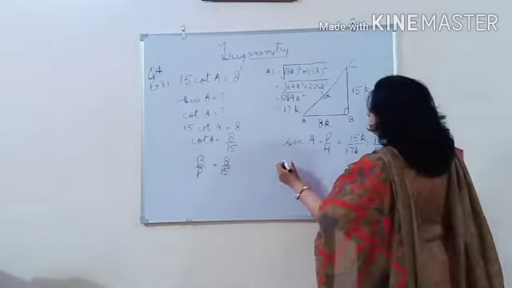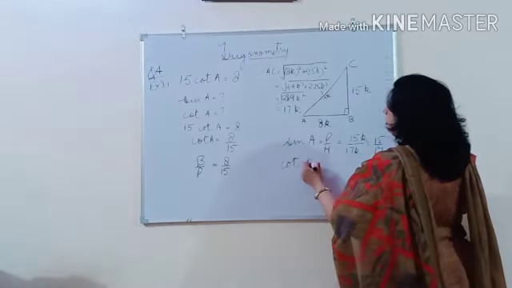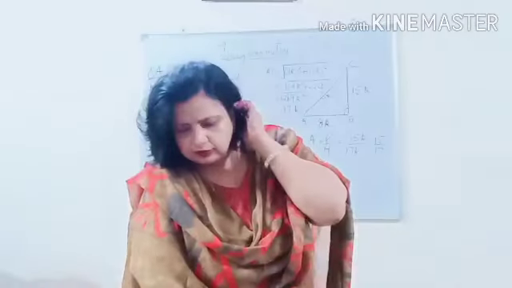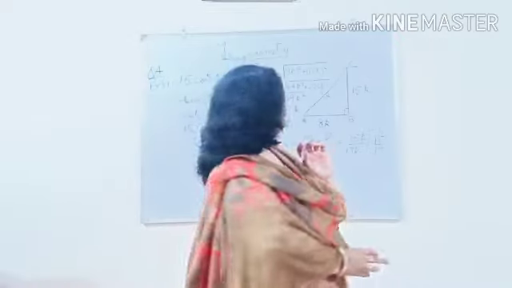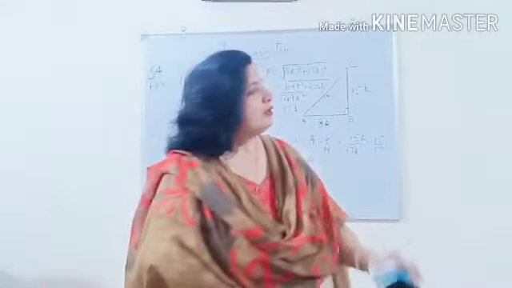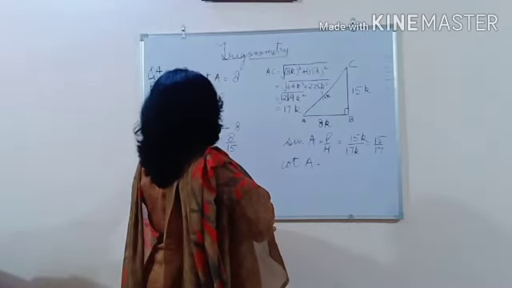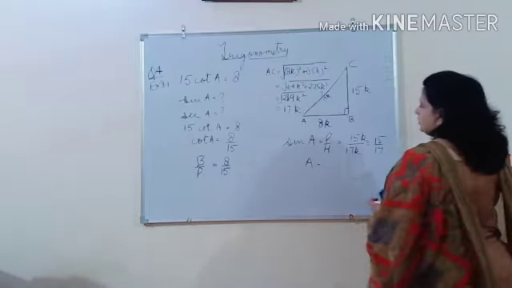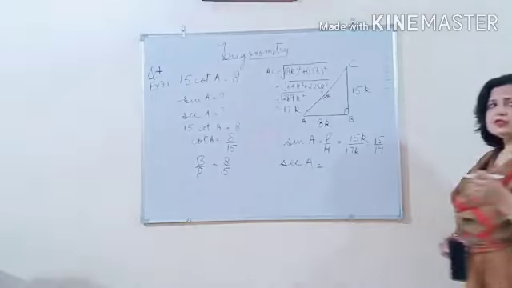Next we have to find sec A. Sorry, cot A is given, you have to find sec A. The second thing you have to find here is sec A. Now sec is the inverse of cos.